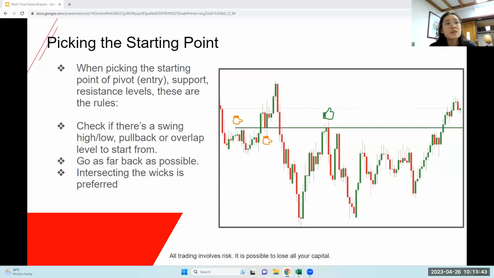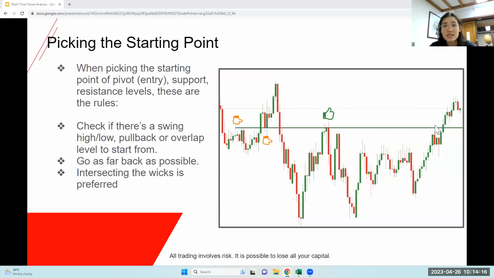We've mentioned earlier what a swing high or swing low is. For pullback or overlap level, if you were here for the support and resistance webinars, we went in depth on pullback as well as overlap levels. But if not, I'll just briefly go through them as well. A pullback level is something like this, where price cuts through the level and we're expecting price to pull back to the level.